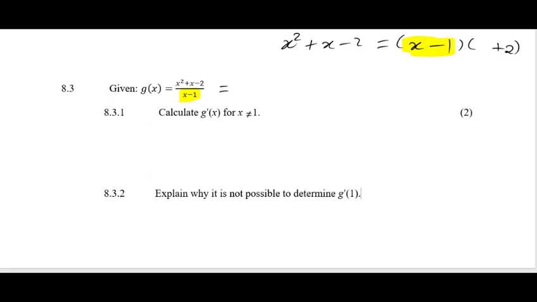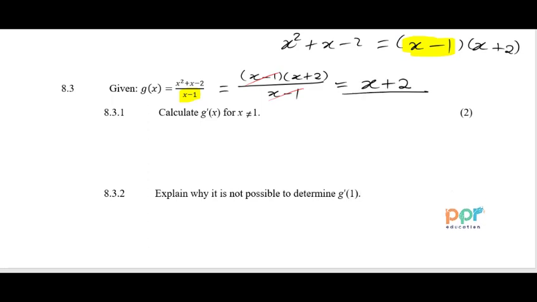Then x squared is from x times x, and 2x minus x gives me positive x. So the factorization of this expression gives x minus 1 into x plus 2, over x minus 1. The x minus 1 and x minus 1 cancel, and then I'm left with x plus 2 as g at x.